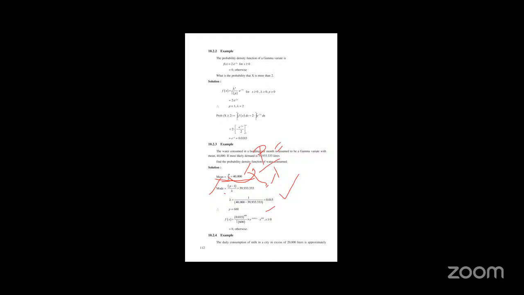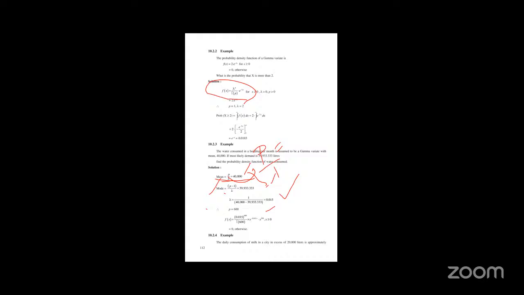So p is 600. So what is f of x? We have a formula, right? The f of x formula is lambda power p by gamma function of p times e power minus lambda x.